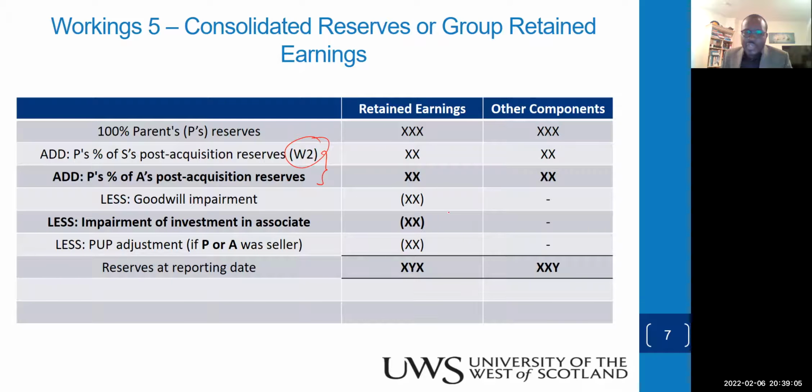So the main thing we are introducing under working number five is this and this. The rest remain the same as we have seen in the past. And if there's any PUP adjustment, whether the parent is the seller or the associate is the seller, we subtract it. Then we get the reserves at the reporting date. All right, let's move on.